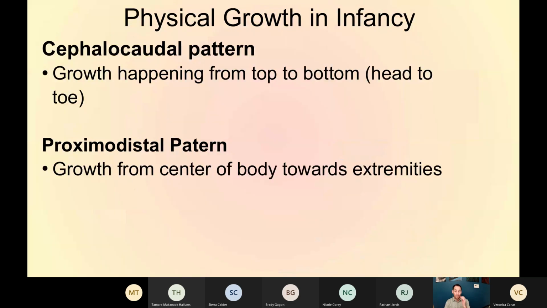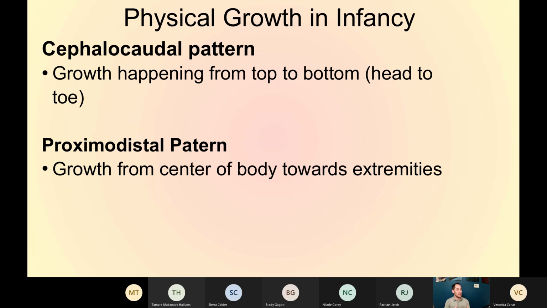We kind of breeze through physical growth and get to some brain and neurological growth and some cognitive development. So that does tend to be some of my favorite aspects. So physical growth, we tend to grow, especially in infancy, in a cephalocaudal pattern and a proximal distal pattern. So for your tests, you don't have to pronounce those, but you do need to read them at least.